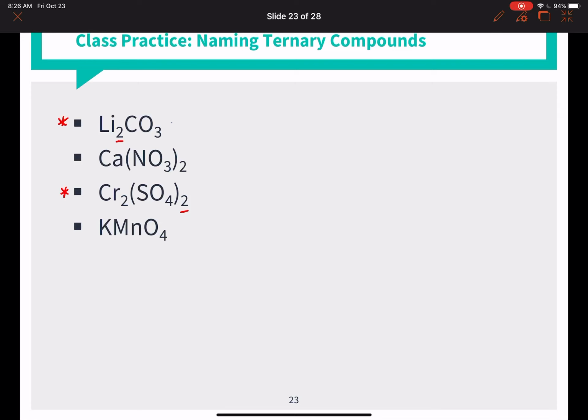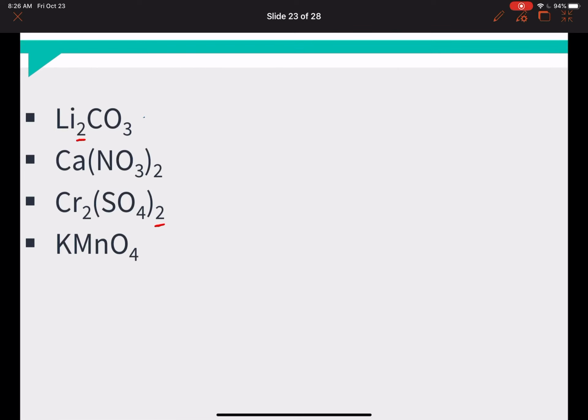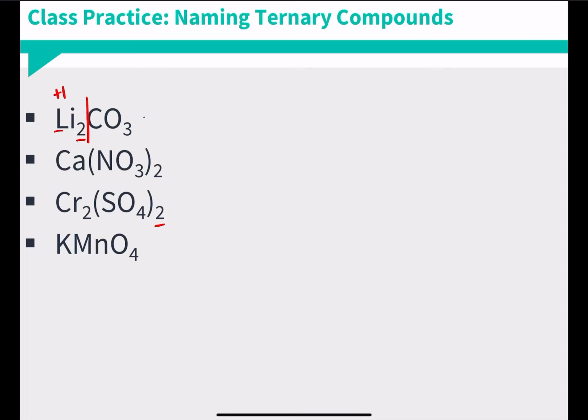Lithium, for example, if you look on your periodic table, is a +1 charge. And then you should see this one. It's a ternary compound because we have lithium, carbon, and oxygen. But carbon and oxygen go together to make a polyatomic ion called carbonate. If you look on your reference sheet, carbonate has a -2 charge.